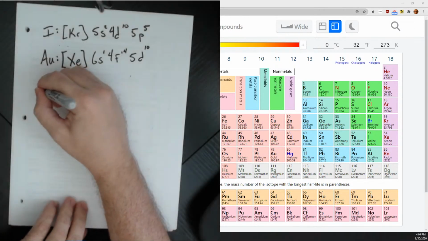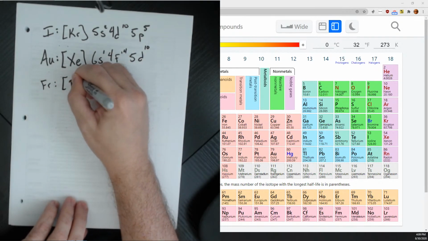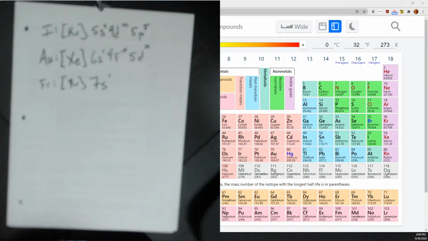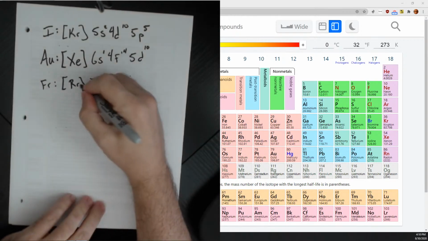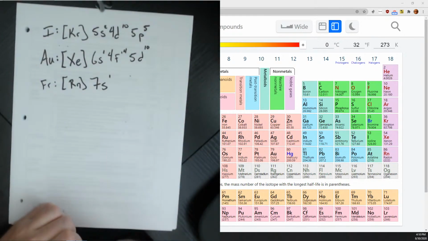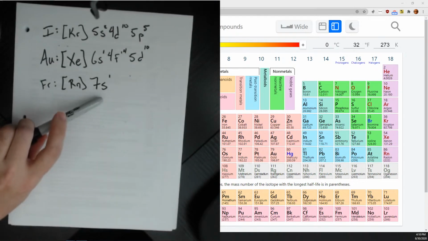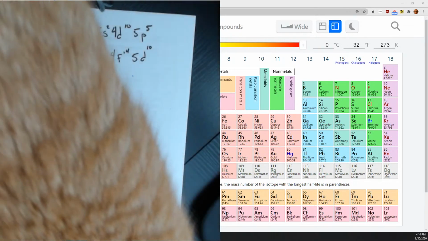So for francium, abbreviate radon, 7s1. That is so much easier because radon takes care of the first 86 electrons, and then we only have the one we care about, the 7s electron. All right.